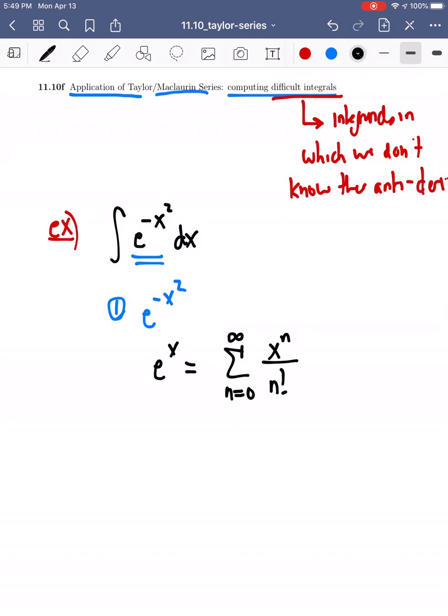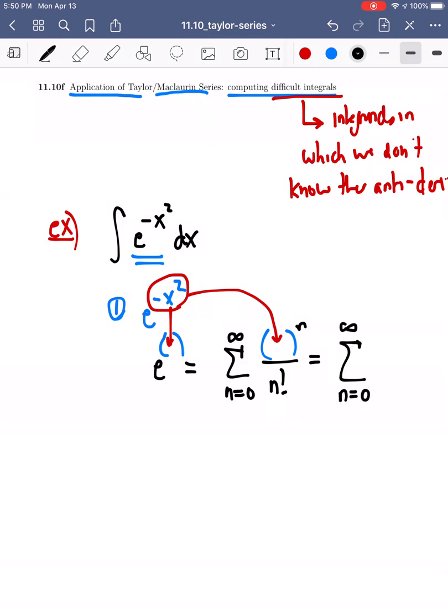If we just stencilify this, anywhere there's an x, we can replace it with open parentheses. And all we need to do is put this minus x squared into those blue parentheses. If we go ahead and do that, we get a Maclaurin series for e to the minus x squared.